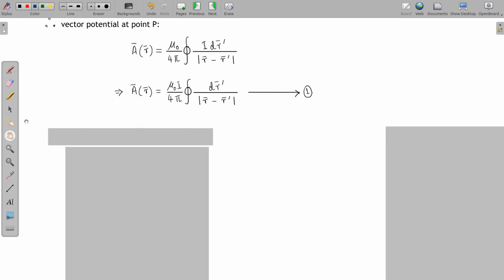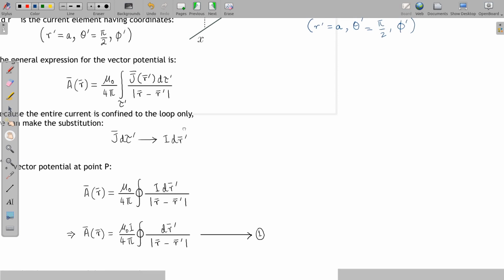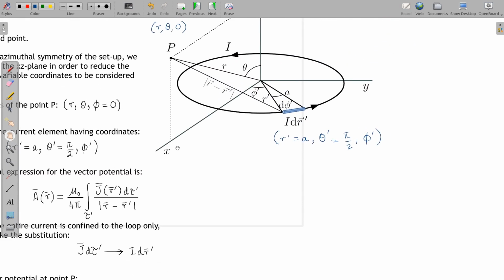So now we can only proceed if we can somehow replace this dr prime and r minus r prime, because we need a convenient integration variable. And here if you look at it, the most convenient integration variable is this phi prime, because if you want to integrate over this entire loop, all I need to do is just integrate over phi prime from 0 to 2 pi.